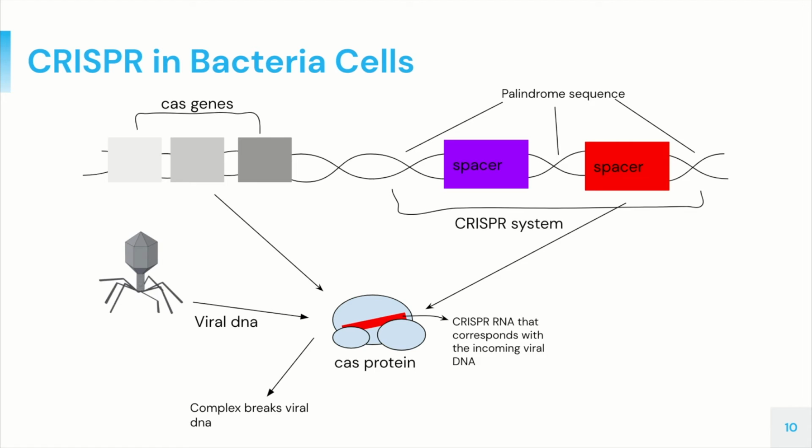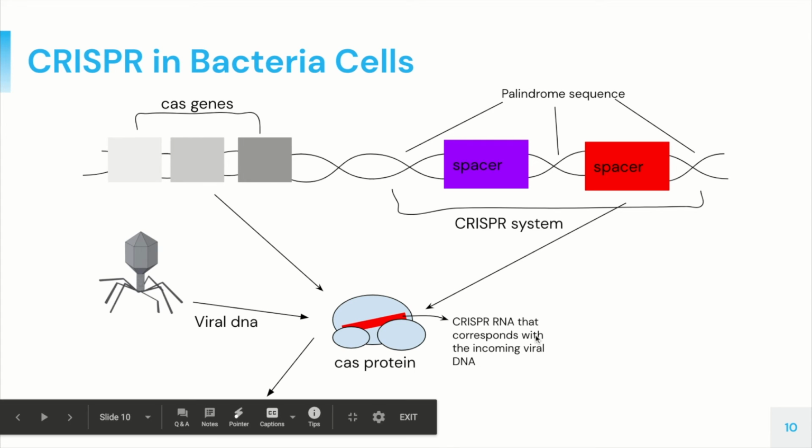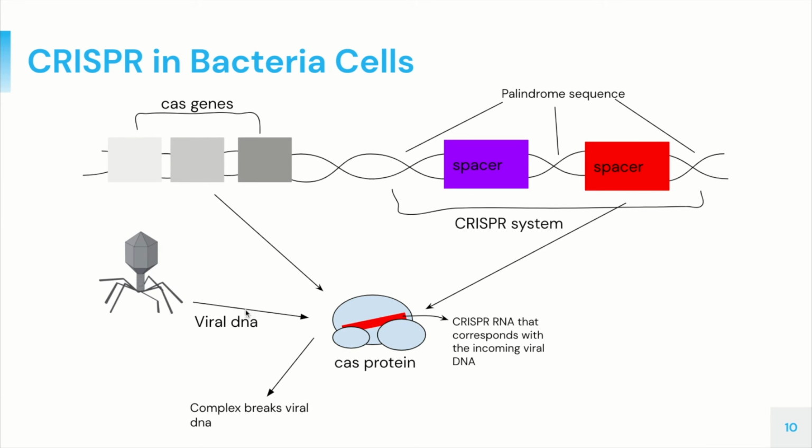In a situation where the virus is coming in and injects its viral DNA into the cell, the DNA will produce a Cas system which holds the corresponding spacer DNA, and when that comes in contact with the viral DNA, the whole complex breaks down the viral DNA and creates an immune system for the organism.